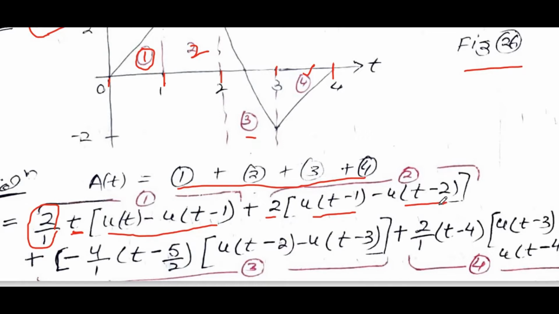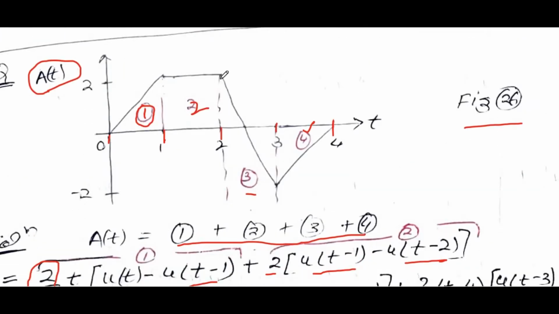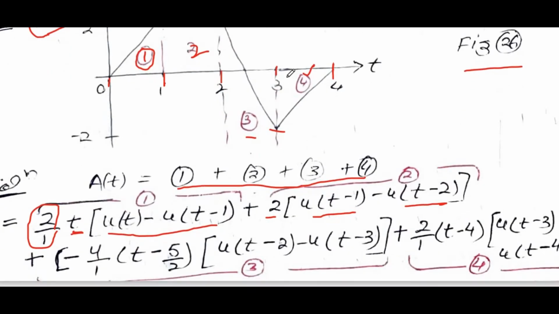Third part, you can see that this third part is a ramp going from plus 2 to minus 2. So its slope will be, it is coming downwards, so I'll write 4 upon, this is 1, so 4 upon 1 into t minus 5 by 2.